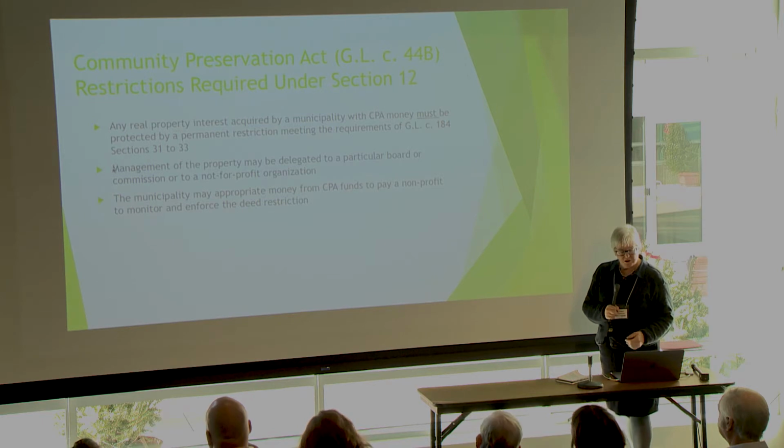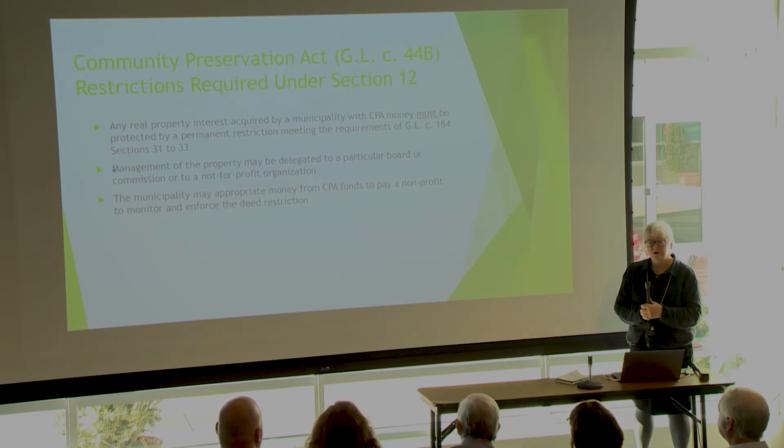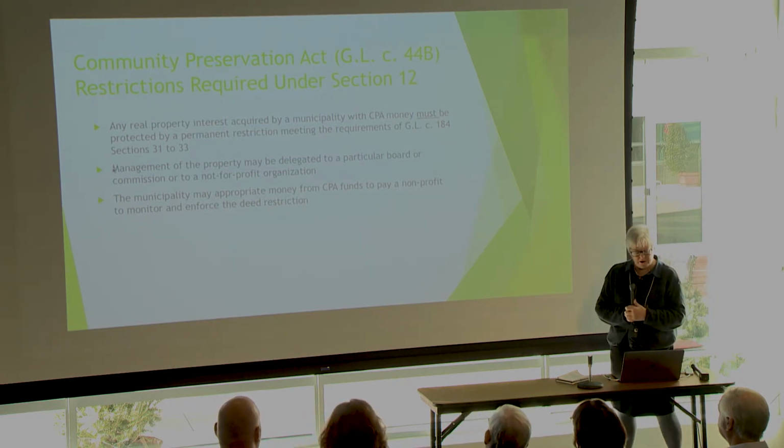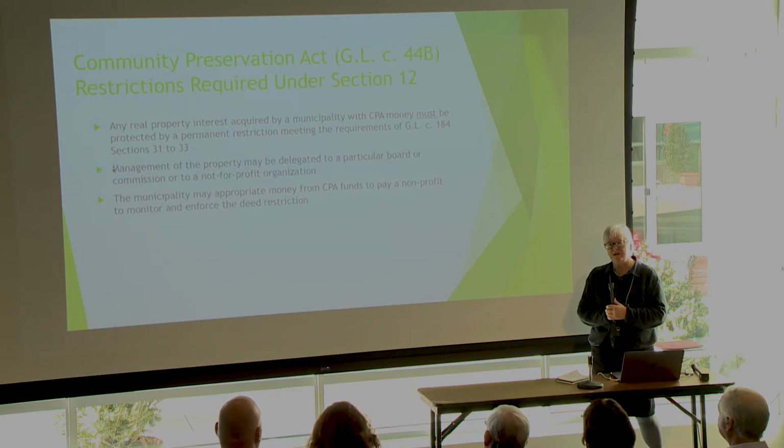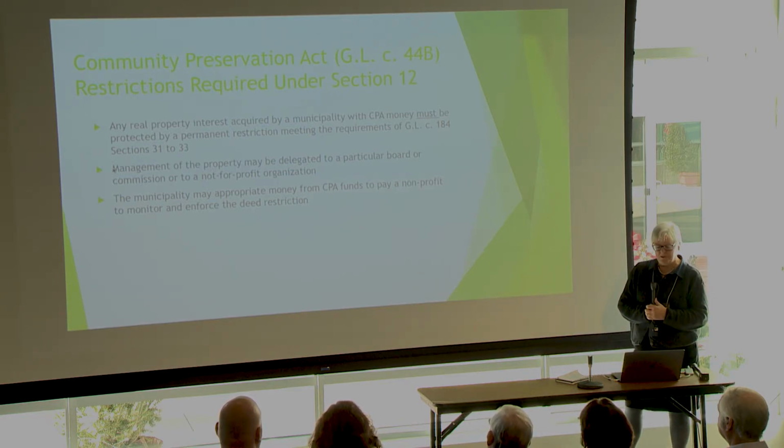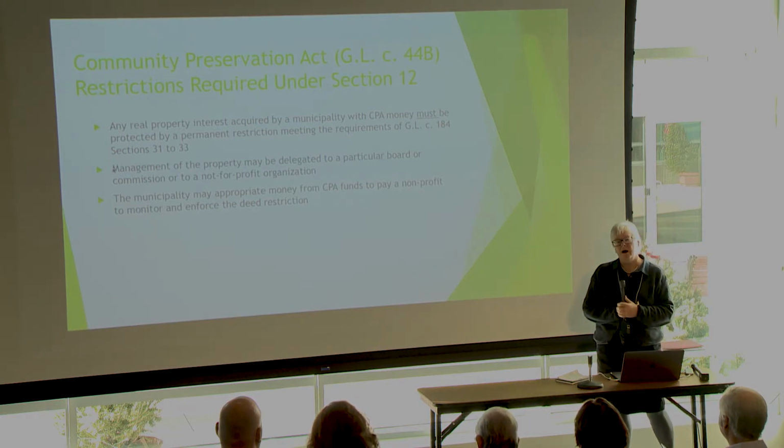And as I mentioned, and as Luke did also, the Community Preservation Act requires that any real property interest acquired by the municipality with CPA money must be protected by a permanent restriction. And these permanent restrictions are approved by the Commonwealth.